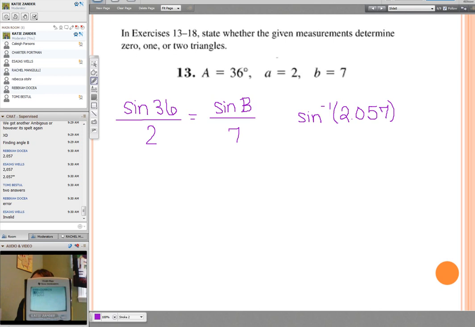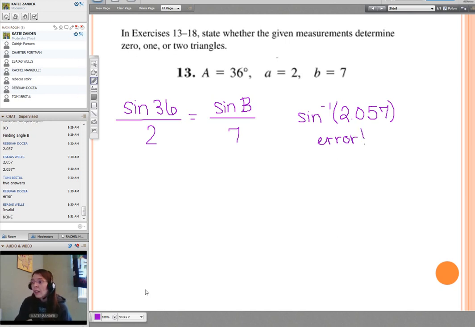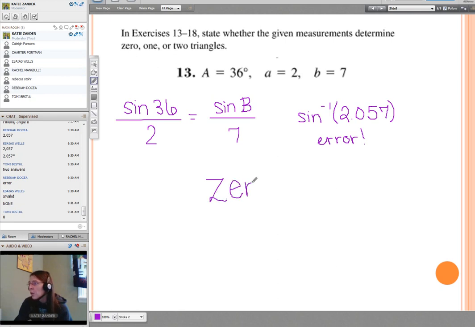That's what our unit circle says anyways. So 2.057 is outside of that domain. So we get an error. If you get an error, how many triangles do you think you can make given this information? None. Yeah. There are 0 triangles that you can make given this information because you ran into an error when you tried to solve for angle B.